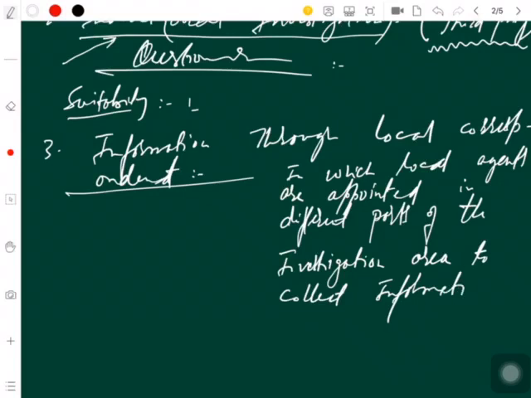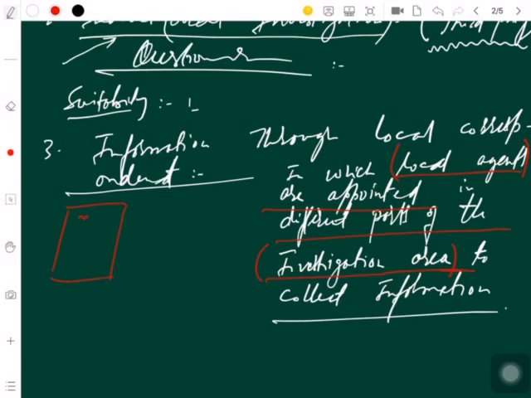Now, I don't think that it needs to be explained. It is self-explanatory that information through local correspondents simply means that local agents are appointed in different parts of the investigation area to collect information. That means I am publishing a newspaper. Okay, fine. I cannot reach everywhere.